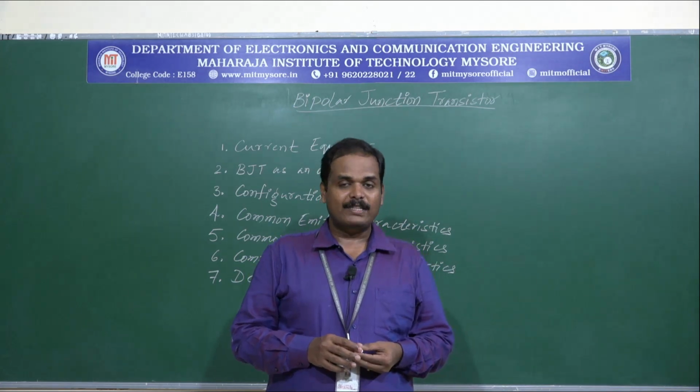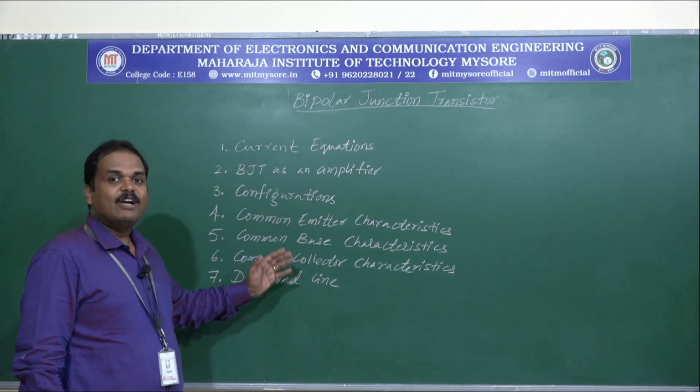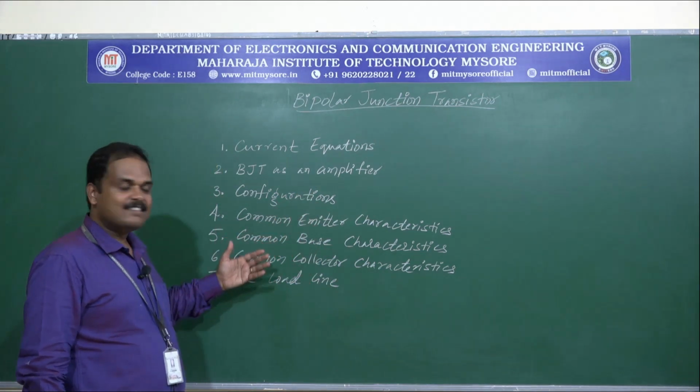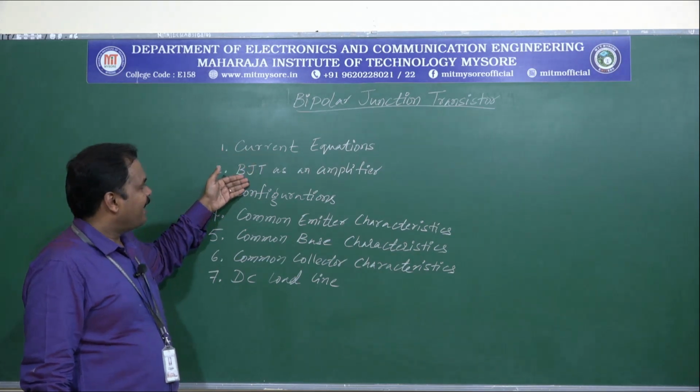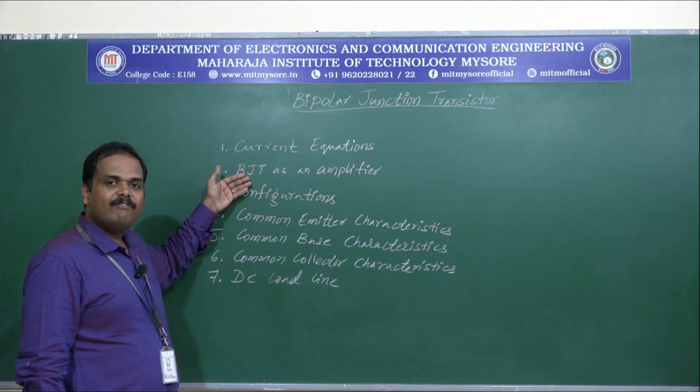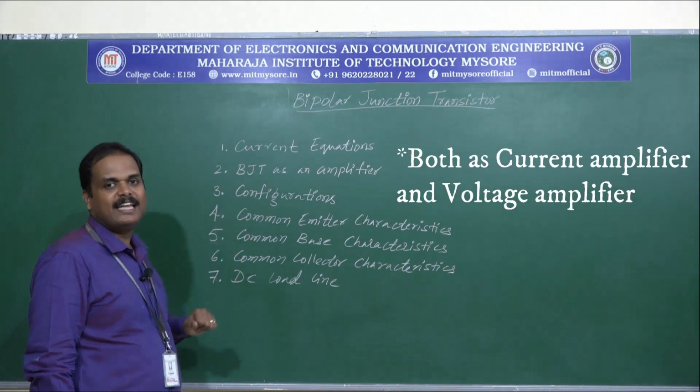And the scope of this series is limited to these topics. We will be discussing the current equations associated with a BJT and how a BJT works as an amplifier, both as a current amplifier and a BJT amplifier.